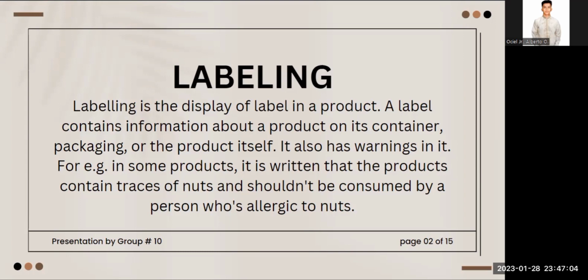Tapos pang-5, the quantity or number of included product. So ayun, pang-6, the product grade or quality. Usually kapag bibili ka ng mga produkto, unang-una yung tinitingnan natin yung quality ng product kung okay ba siya or hindi. And then next one is the special features of a product.